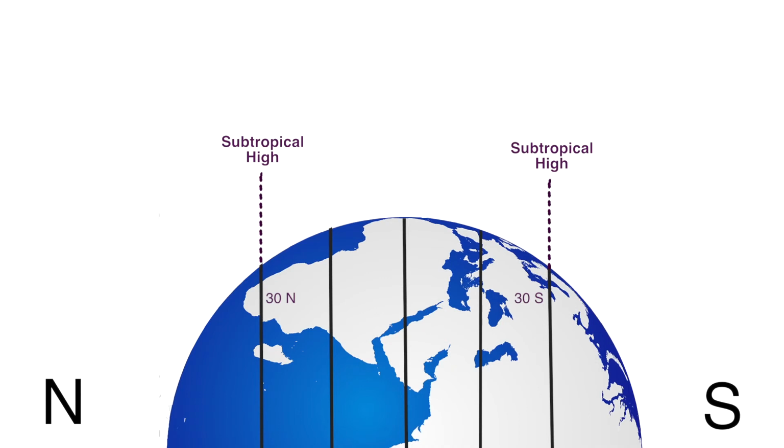As this tremendous high pressure zone pushes down toward the Earth, it forces the air on the surface of the Earth outward, both north and south.